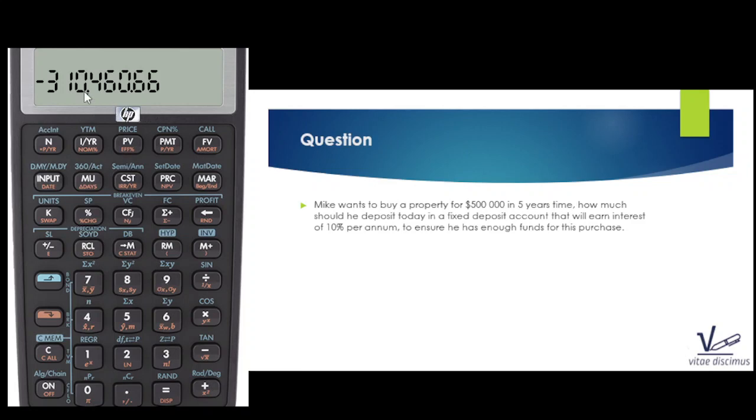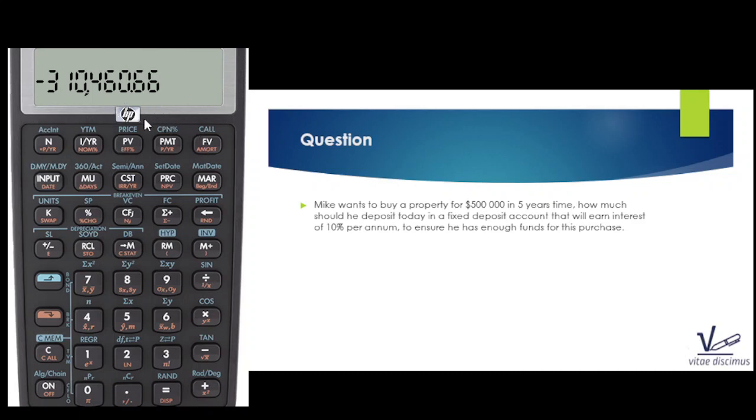Your calculator is programmed such that if you input the future value as a positive, it will give you the PV as a negative. It does not mean that it's negative or anything, but it just goes to show that the amount that you deposit will just be 310,000. That's how the calculator is programmed. If you want a positive answer for a PV, you will input your FV as a negative.